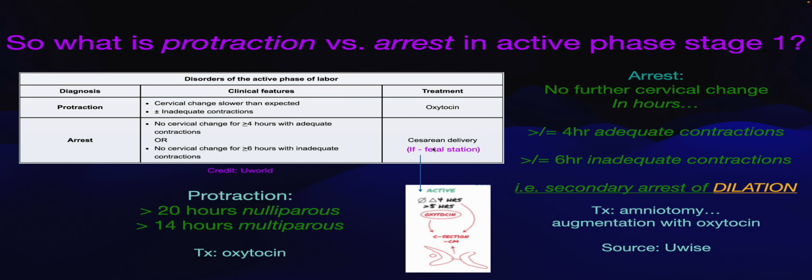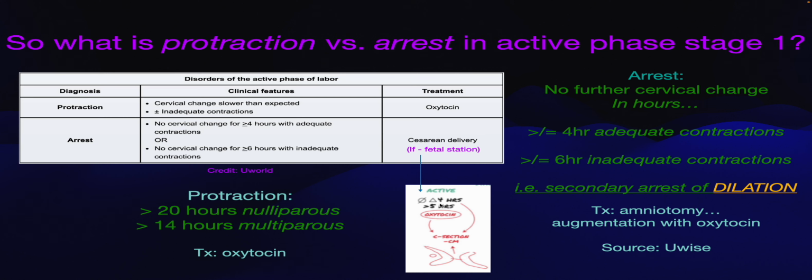So one quick aside, UWorld lists the cesarean delivery as the treatment for the arrest in the active phase of stage one, otherwise known as the secondary arrest of dilation. That's a true statement. It's kind of like a qualified true statement though, because we obviously know this is going on, which is referenced up here.